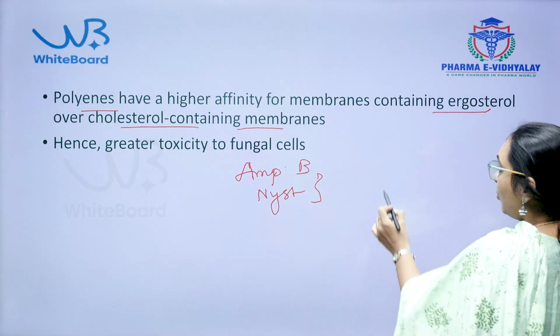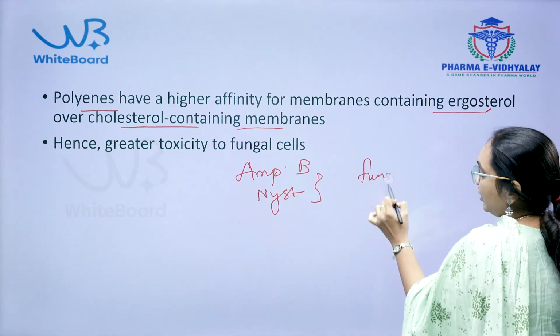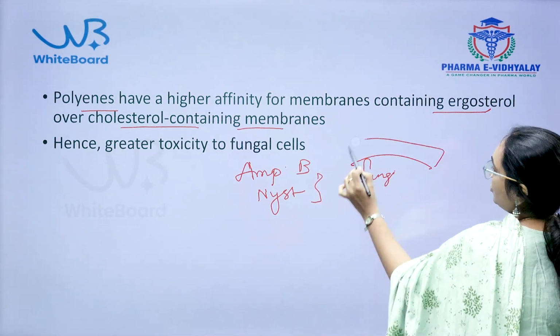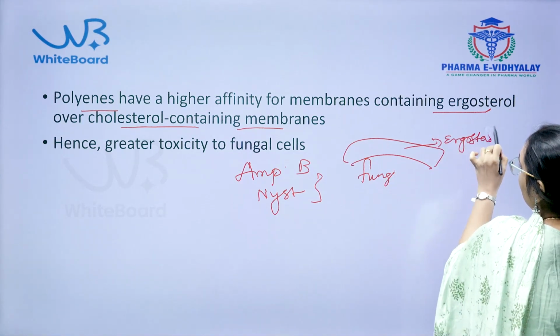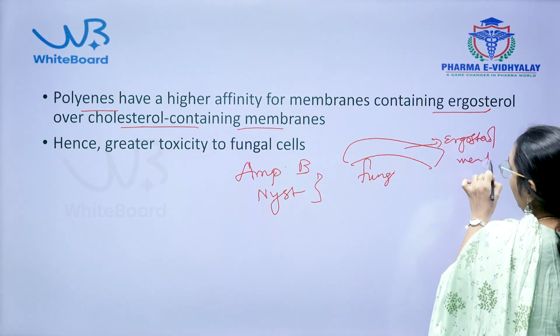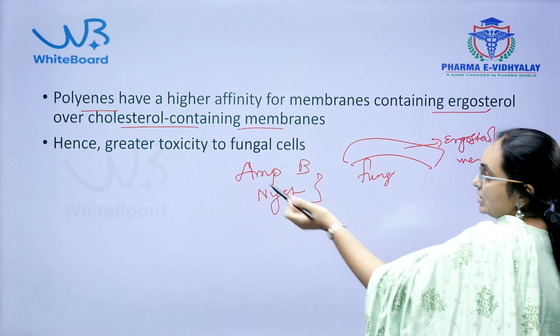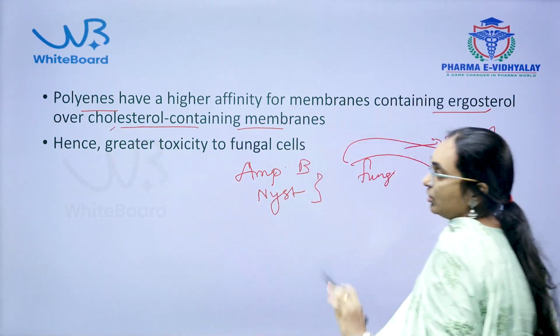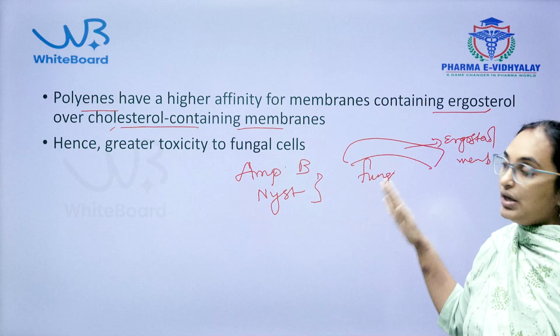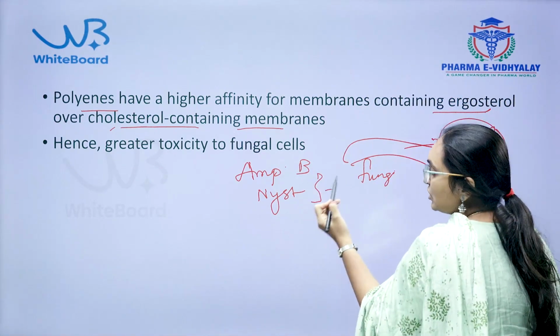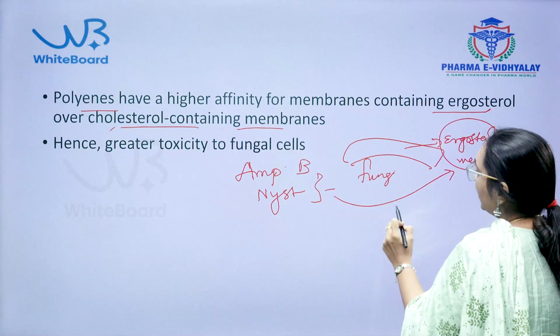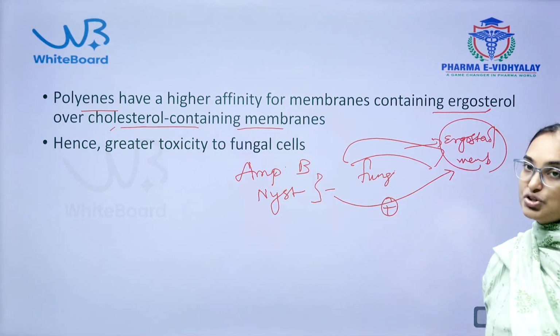That means fungi have ergosterol in their structure, an ergosterol membrane. Cholesterol is present in organisms other than fungi. So, fungi consist of ergosterol, and these polyene molecules have a much higher affinity for the ergosterol membrane.